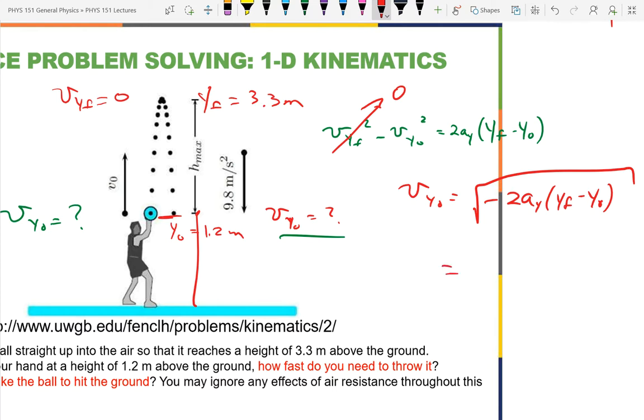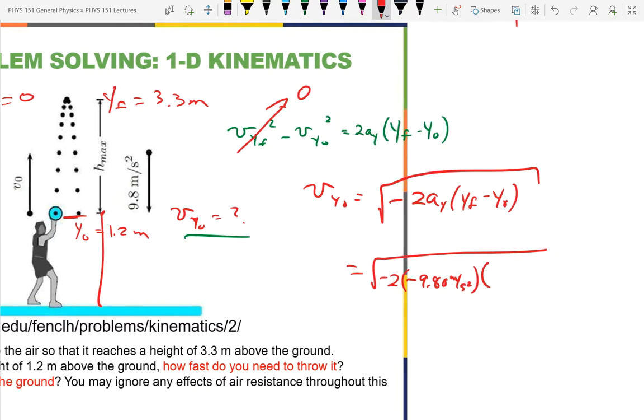What is ay? It's negative 9.80 meters per second squared. And then my y final is 3.3 meters. My y initial is 1.2 meters. Notice I have the square root of a negative times a negative.